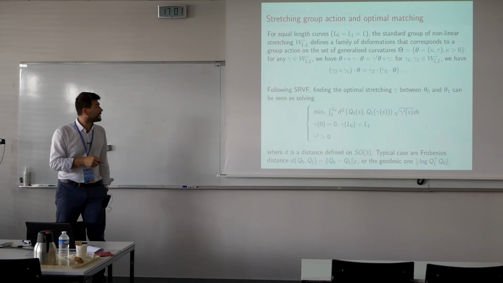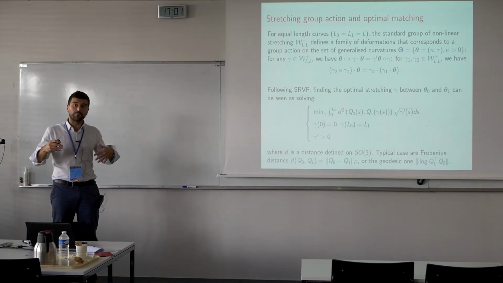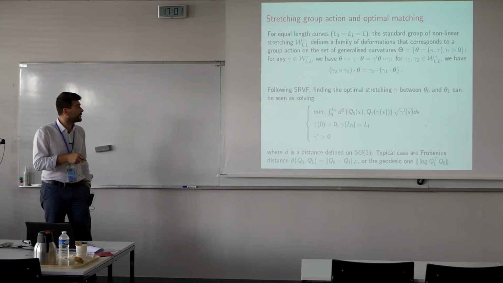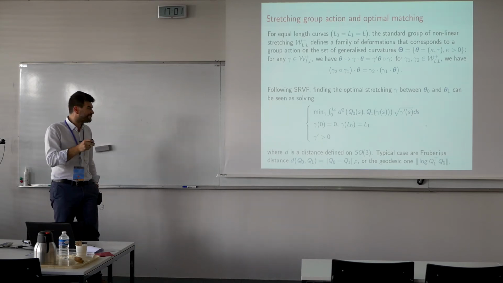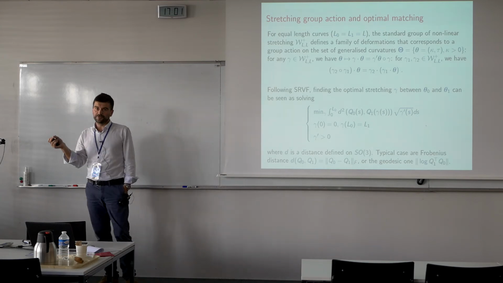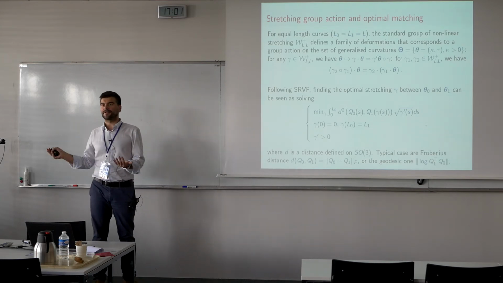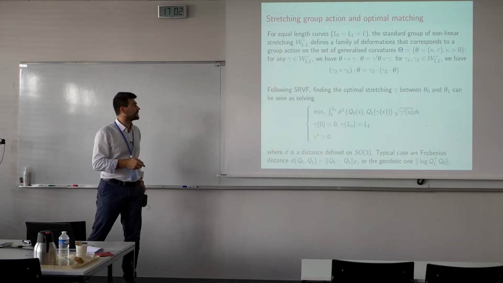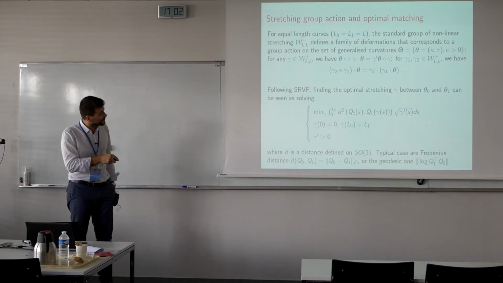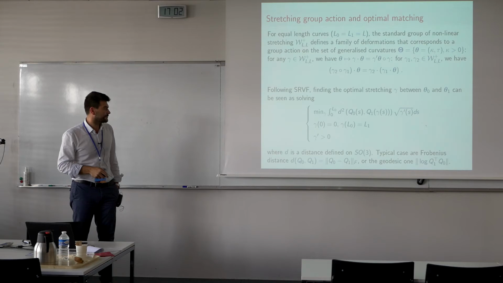Then we can generalize or rephrase the standard SRVF by saying, now I want not only to use the first order information, just the tangent, but the global frame. I want all the degrees of the geometry, because maybe I could be interested in that. So the idea is to take any distance between Q0 and Q1 of gamma, and use the same square root as a re-rating.